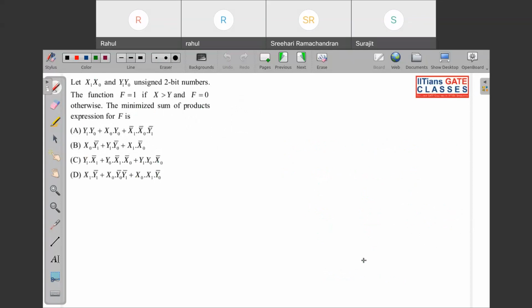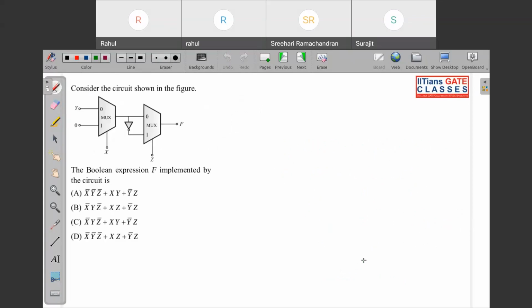Now next is this. We haven't done comparator yet, so solve this question.